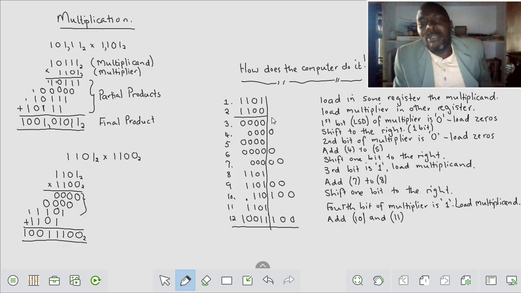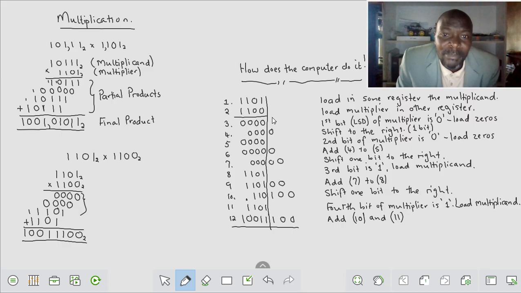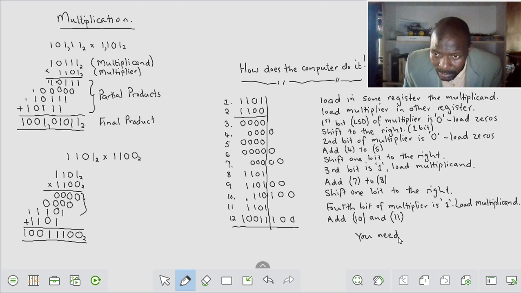Once the program has been written, all you do is add the numbers, hit your time sign, and then the program will run, and it will know when to add what, when to load what, when to shift. Obviously, what is needed is an adder to do the adding when it's time to add. You need a shift register to be able to shift.